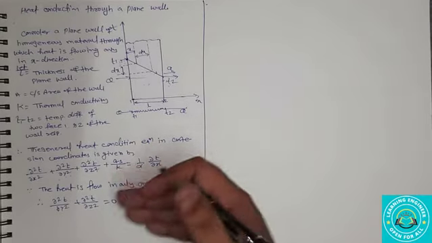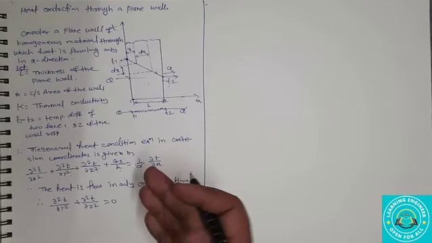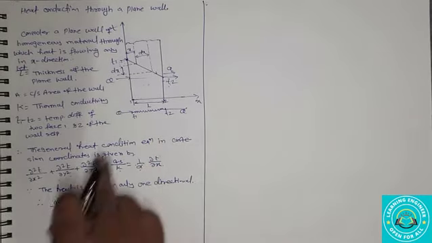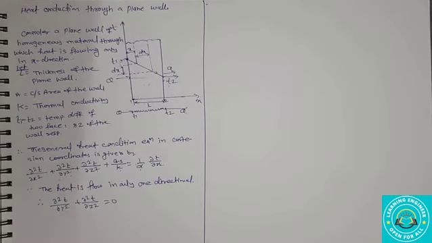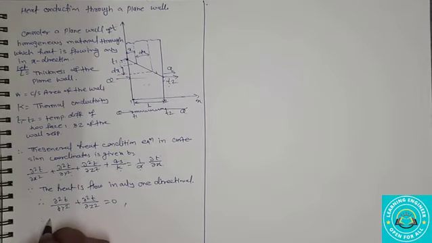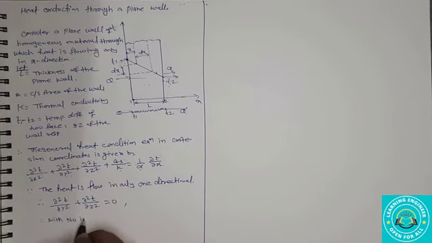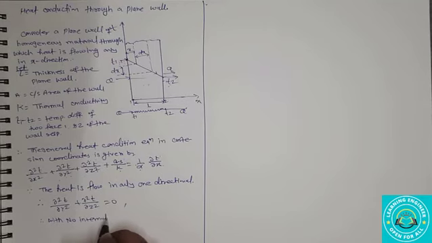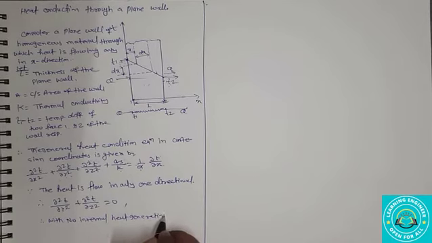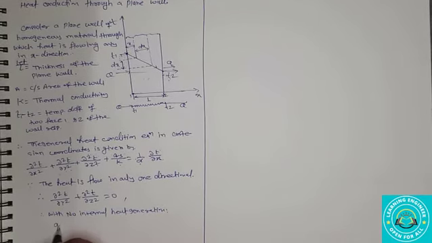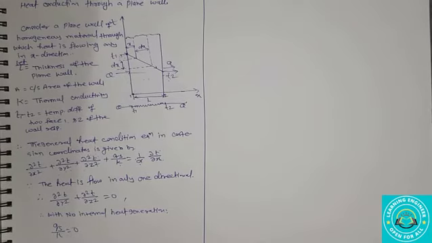As per Fourier's law of heat conduction, we know there is no internal heat generation inside the slab or body. Since there is no internal heat generation, therefore Qx/K = 0.